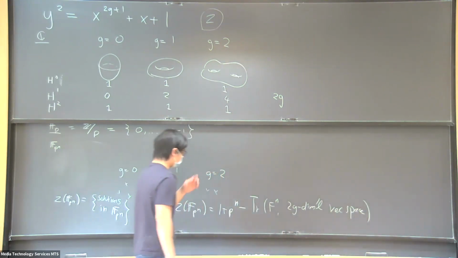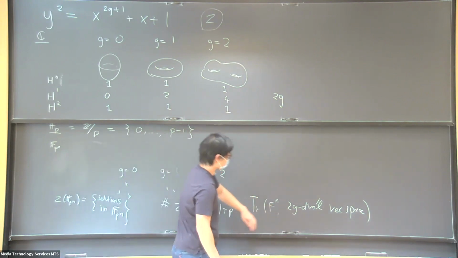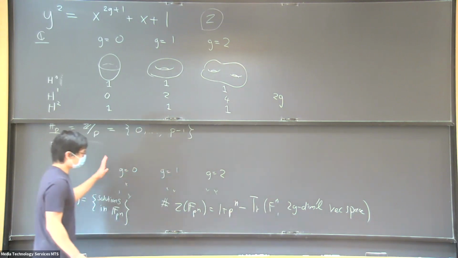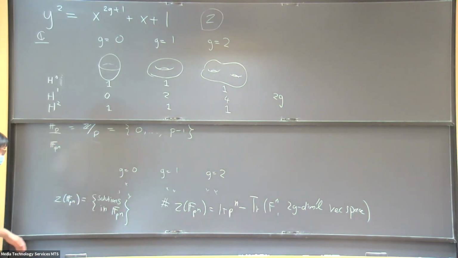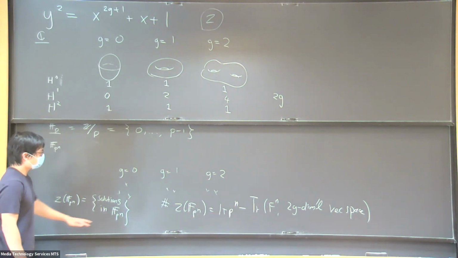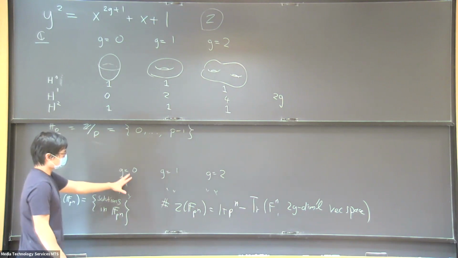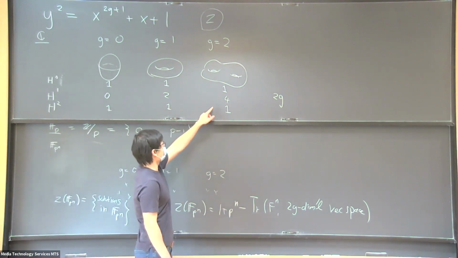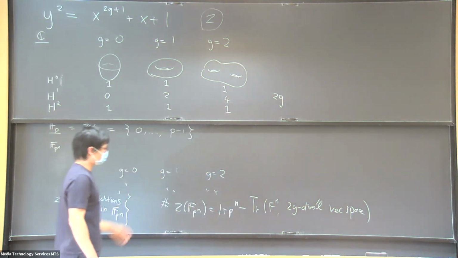The point here is that there's one vector space and one endomorphism such that its eigenvalues govern how many solutions you're going to see over all these finite extensions for every n. So this is a hint that this counting process, although it has no topology, knows about topology, and knows about a 2g-dimensional vector space.